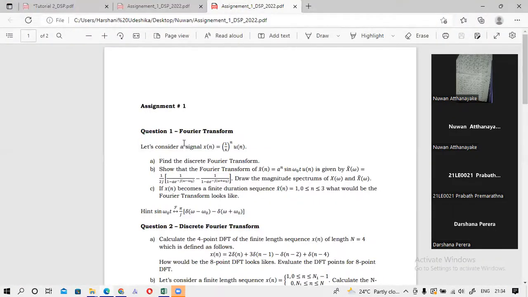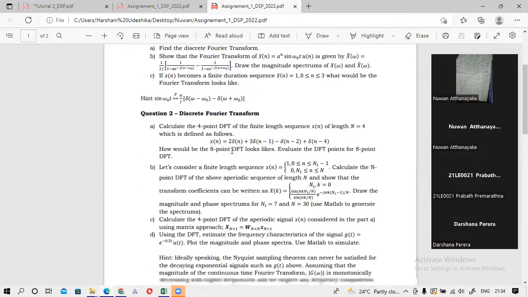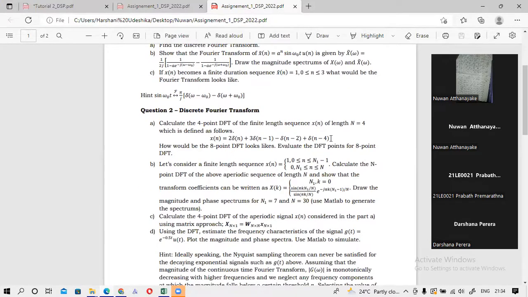Okay, so this is your first assignment. I think you should be able to find the 8-point DFT or 4-point DFT using the principal approach for this kind of signal. We have done this.